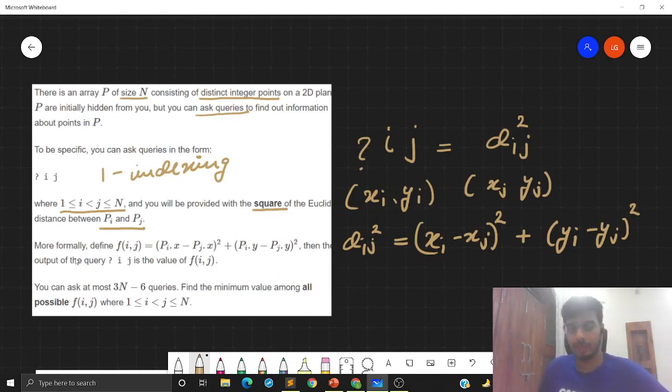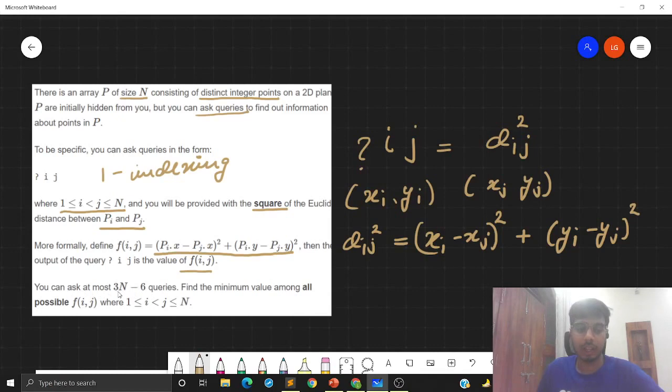Okay, so let's come back to the problem. More formally, define f(i, j) as the square of the Euclidean distance. Then we will get the value of f(i, j) as the answer of the query.